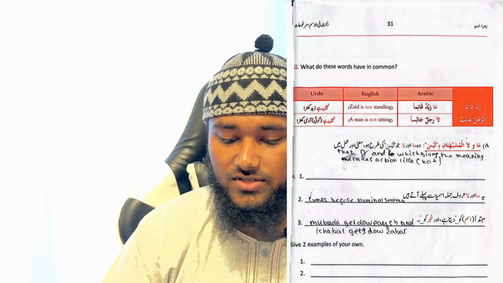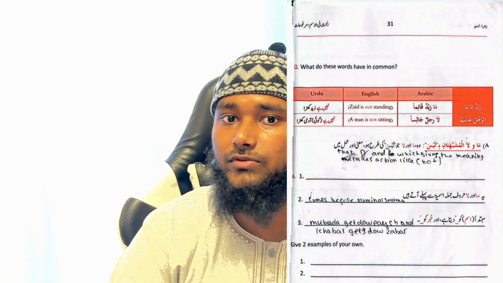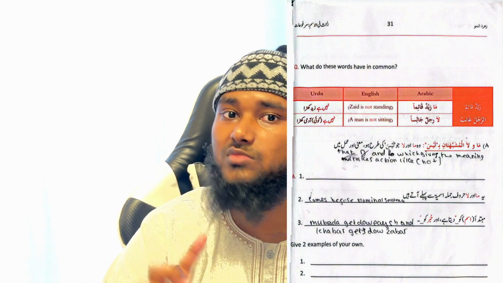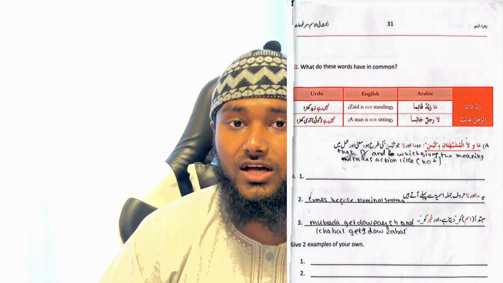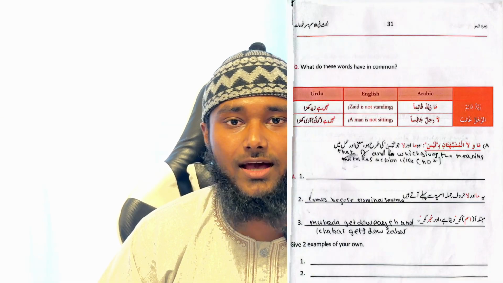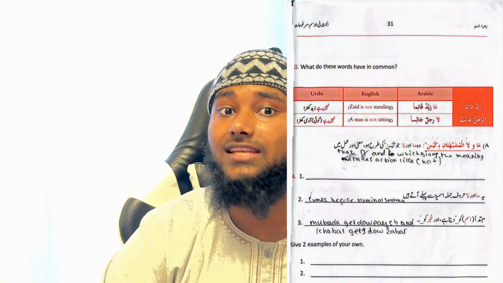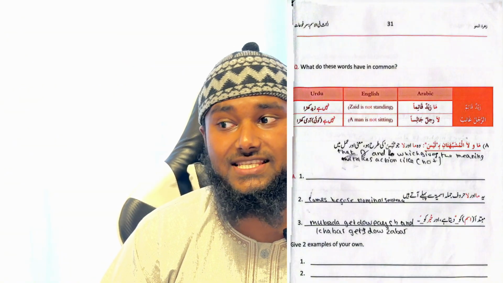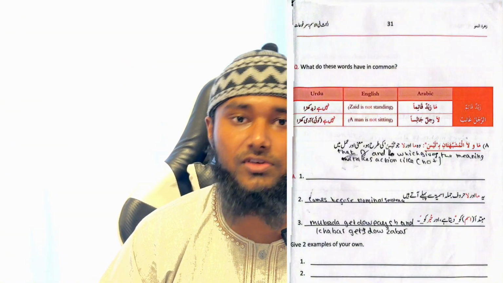In unspecific words, which is why you can see the mu'allif, the author here, he actually brings rajul and he doesn't bring zayd, because rajul is an unspecific word. You say a man, it could be any man, so it's an unspecific word, which is why he brought rajul and he did not mention zayd, because zayd is a name, so it becomes a specific word.